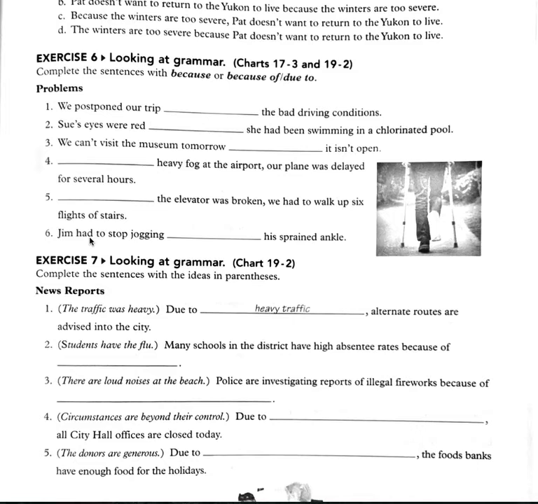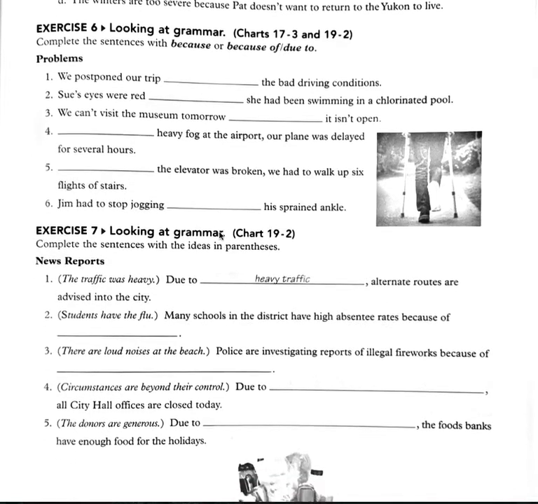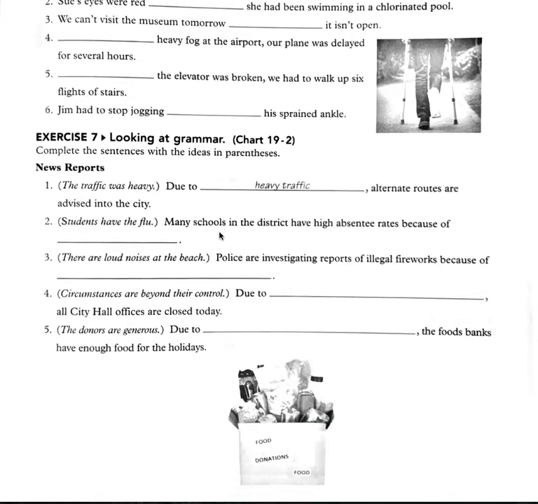Number 6. Jim had to stop jogging, blank, his sprained ankle. So here, his sprained ankle is a noun object. So you say Jim had to stop jogging because of or due to his sprained ankle. Now look at exercise 7.